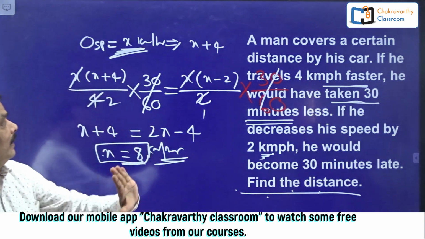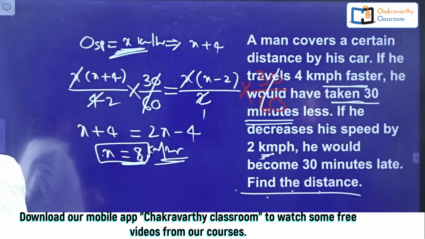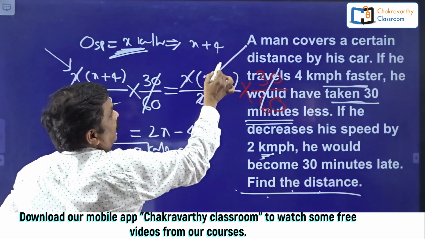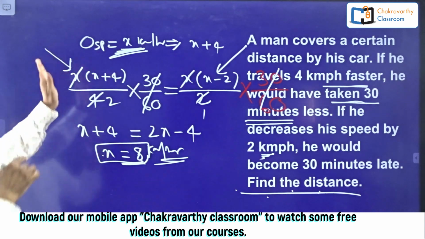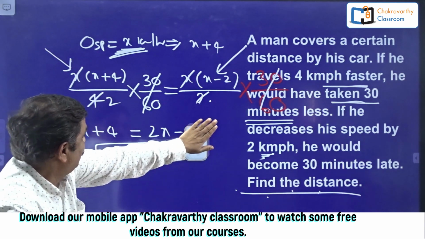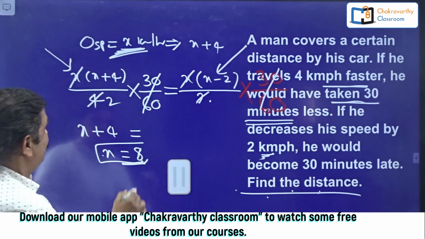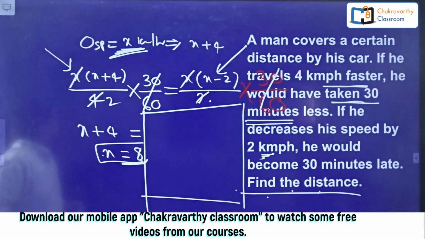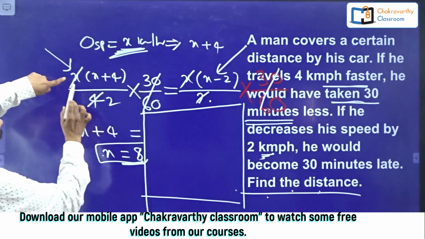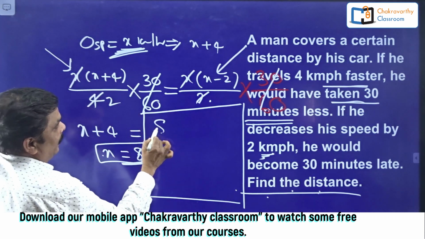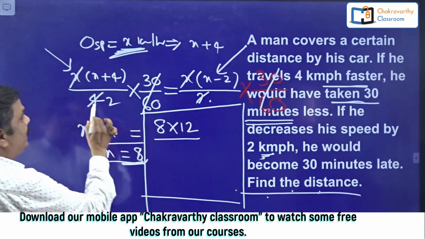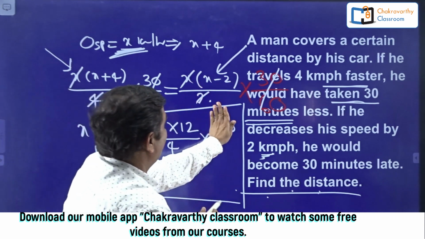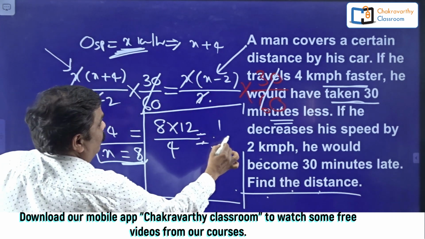Now, my final thing, I need to find out the distance. How to find out the distance? Either you can use the first case or the second case. That's up to you. I am taking the first one. x is equal to 8 I have got. Now I'm substituting in the first case. 8 into 8 plus 4, 12, divided by 4 into 30 by 60, that is 1 by 2.